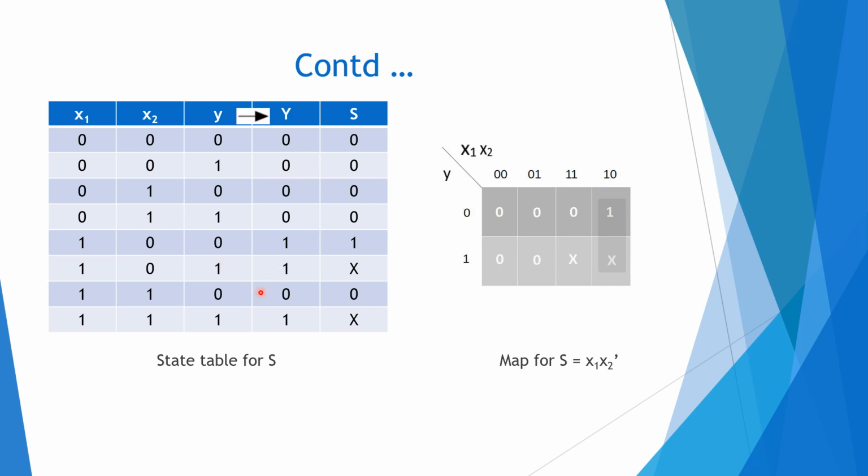And from this transition, we will write the value for S. So these are the values for S, and we will write this in a K map, and we will be generating the equation.